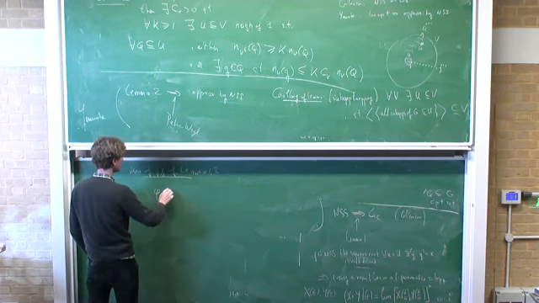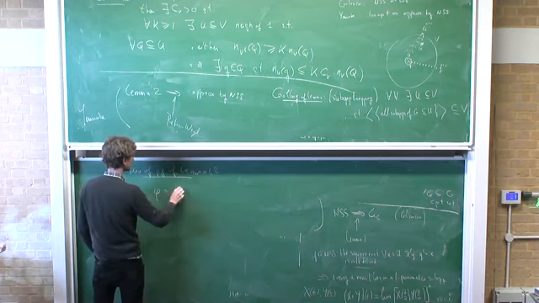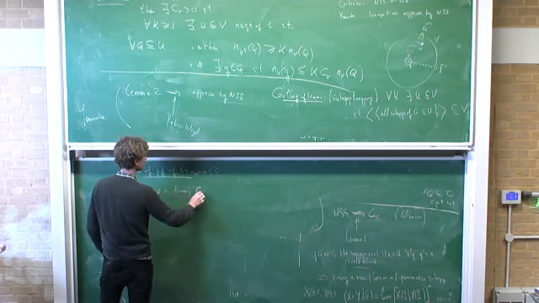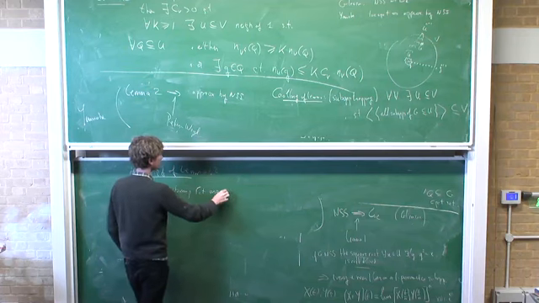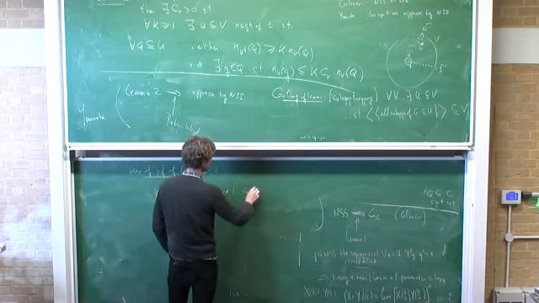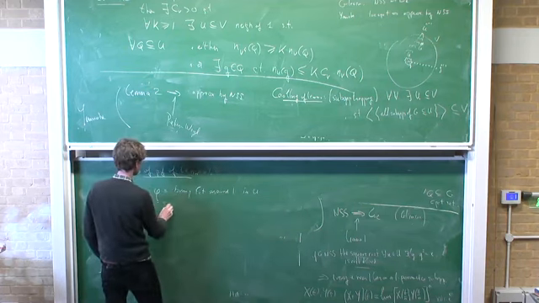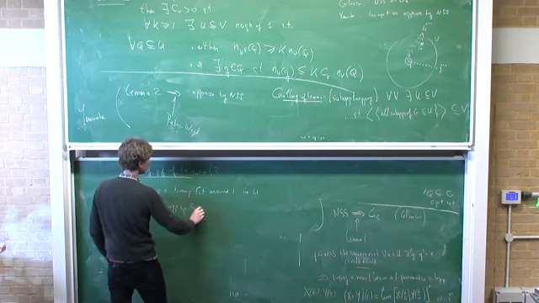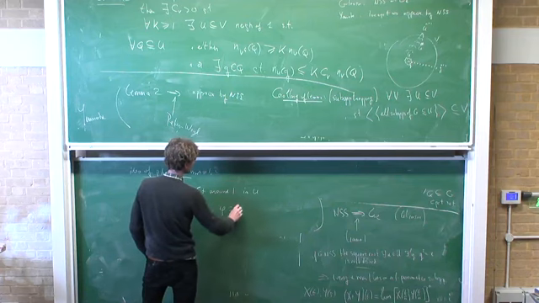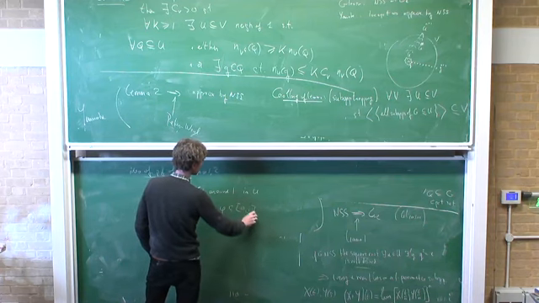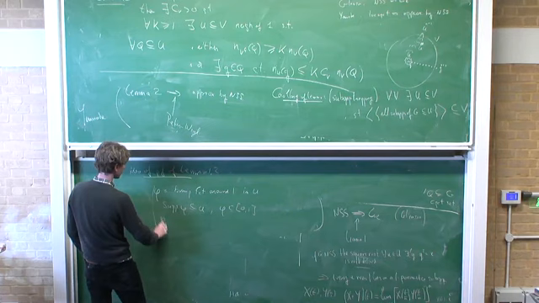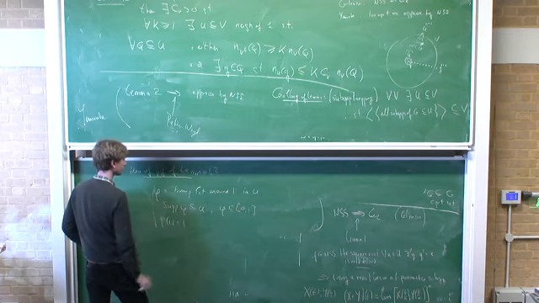So you pick phi to be a bump function, with support of phi something like mu. Phi has values in 0, 1, and you assume that phi of 1 is 1.